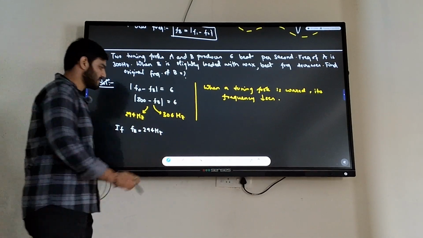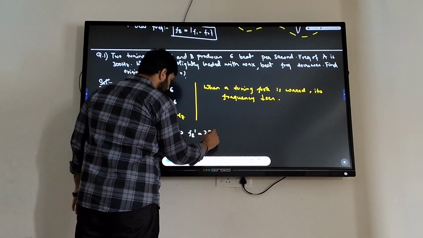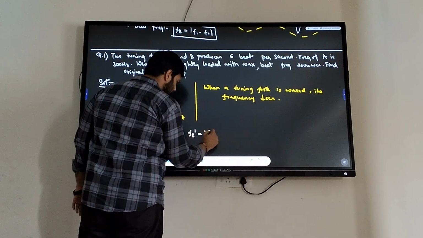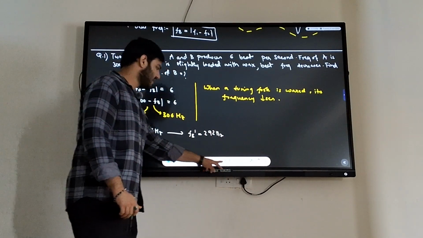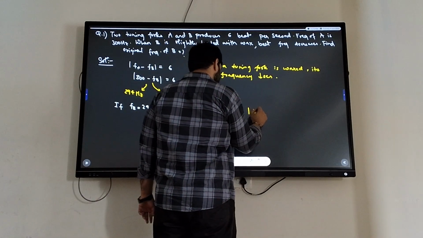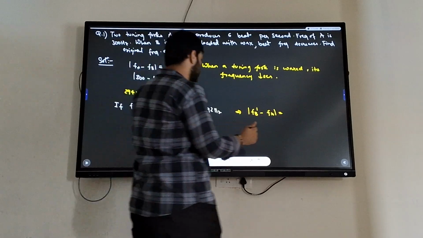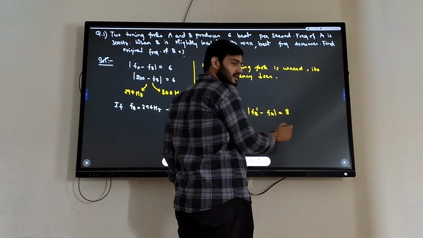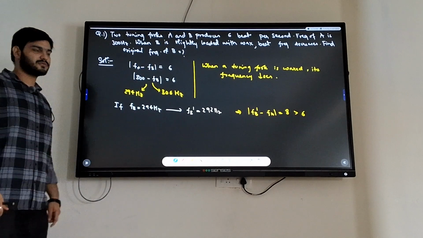Just for the argument's sake, FB becomes FB dash 292 Hertz. If this is so, then what is my final beat frequency? Then FB dash minus FA is going to be equal to what? 292 minus 300. It's 8, but it is greater than 6. ये तो नहीं चाहिए. We don't want this.